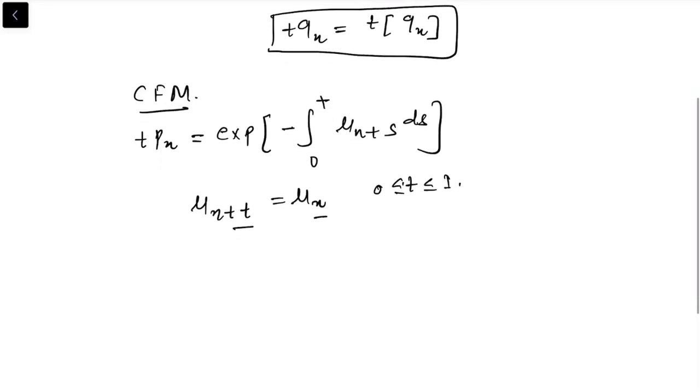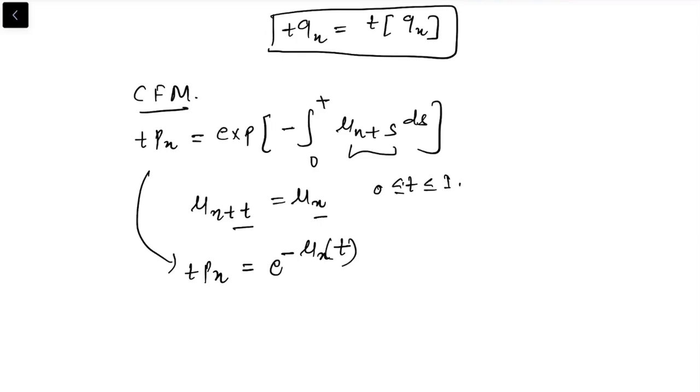All right, so now we can integrate this exponential. Let me write e to the power minus, so this mu x plus s will come out of the integration, so this is mu x times t, right? The integration of ds is simply t, where t lies between 0 and 1.